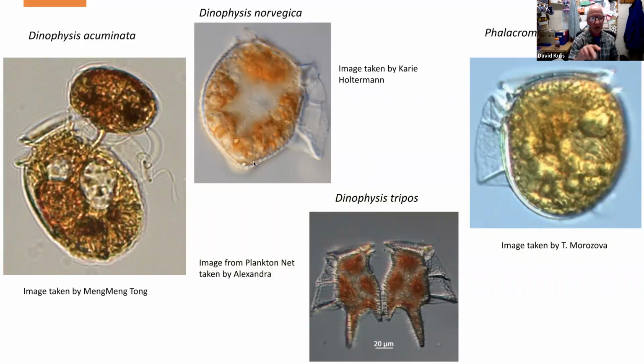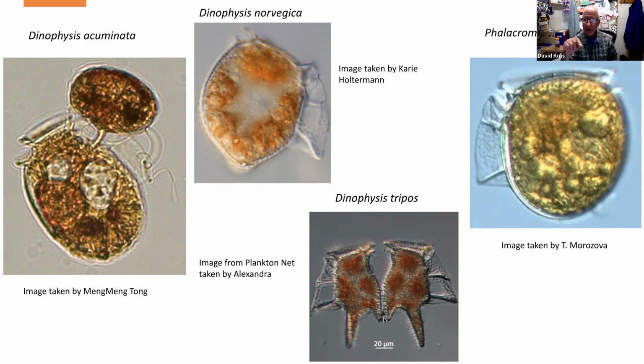So those two species can be somewhat easily distinguished from one another. And they certainly can be distinguished from Dinophysis tripos, which has these processes coming off of the posterior part of the cell. This is a dividing cell of Dinophysis tripos. It's fully divided. The cells are still stuck together, but soon they will break apart, and these two cells will again divide through asexual division and form two more cells.